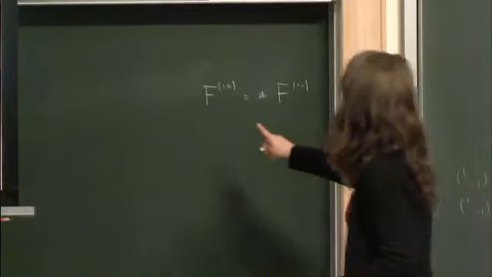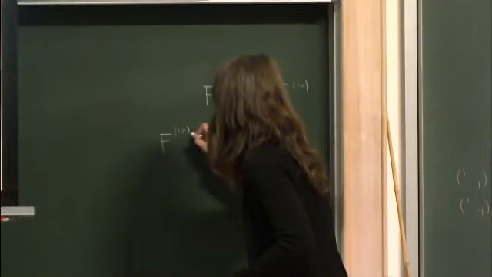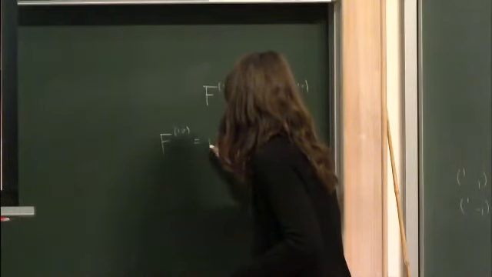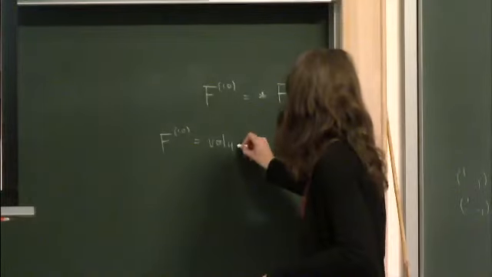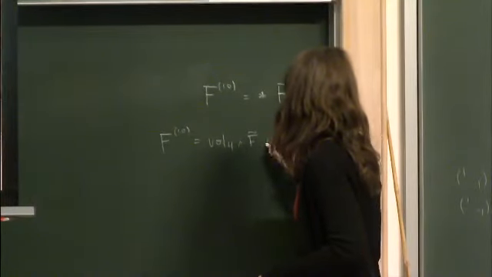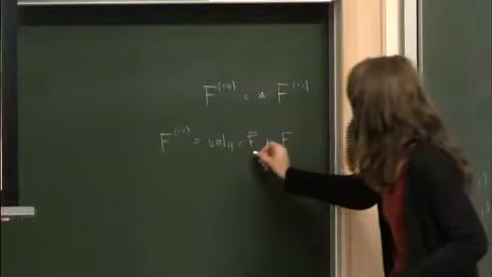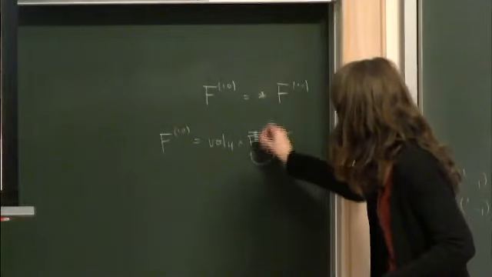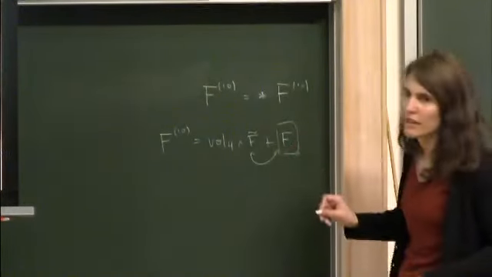So, for example, if you want to preserve Lorentz invariance in 4 dimensions, if it has some component in 4 dimensions, it should be proportional to volume 4, and then some f tilde, plus some internal f. And self-duality relates these two. But I'm talking about these things here.